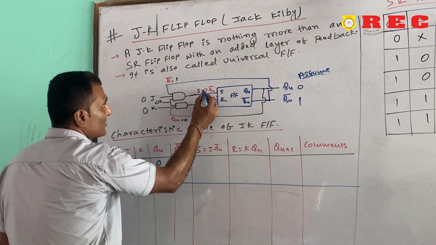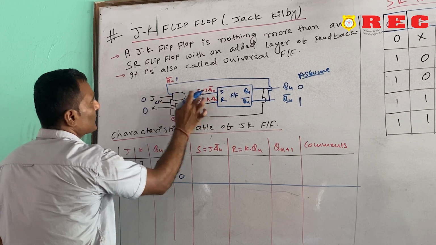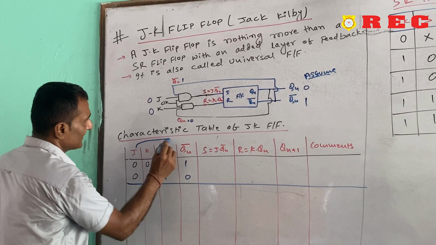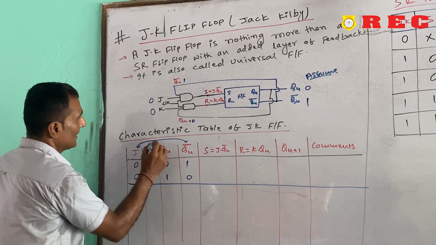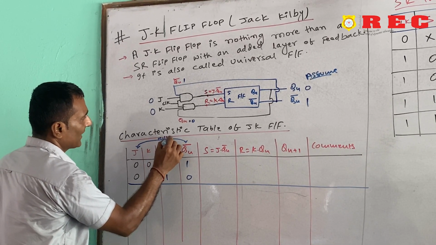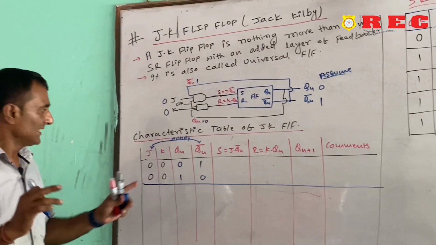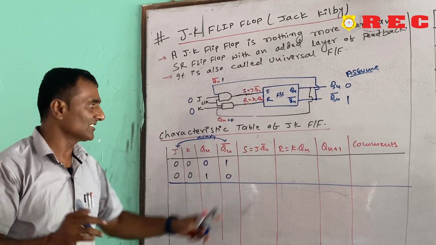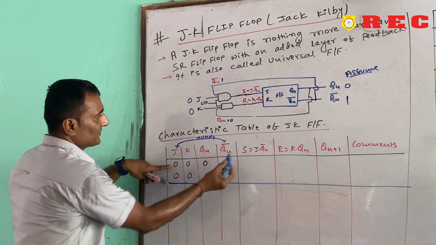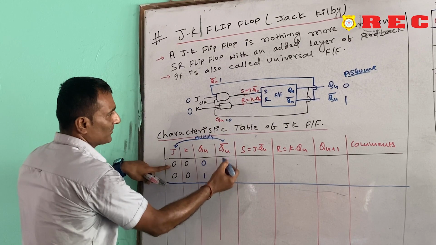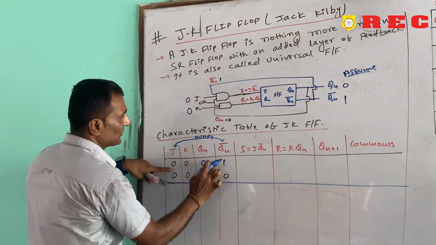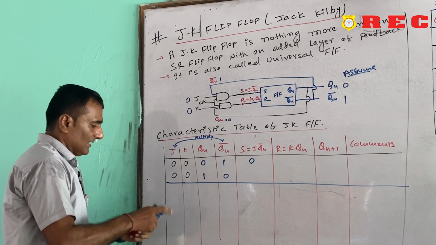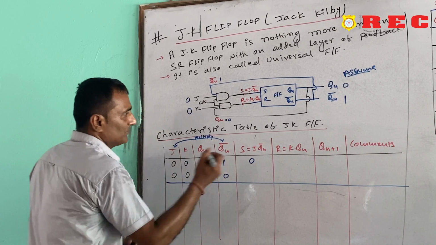So the output S is equal to J dot Qn complement, so we should multiply J and Qn complement, because this is already written in the equation. If J is 0 and Qn complement is 1, then 0 into 1 is equal to 0, and R is equal to K dot Qn.